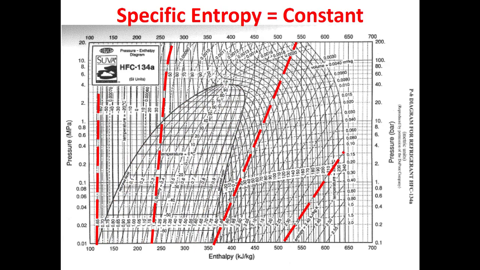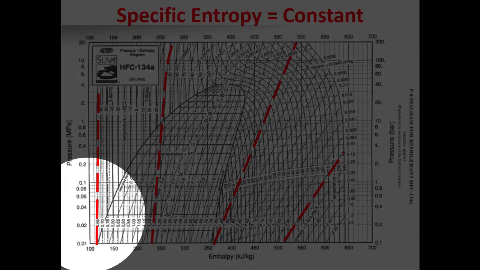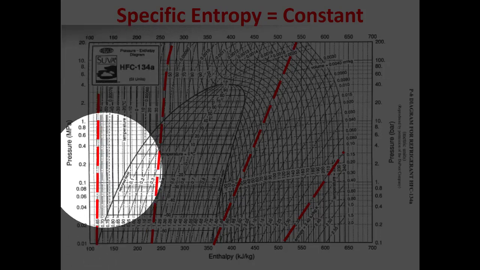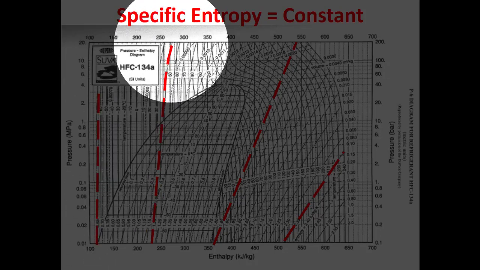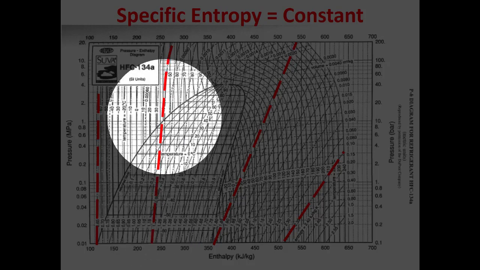I think the lines that are the hardest ones to use on this graph are the constant specific entropy lines. The slope changes as we move from left to right. On the left-hand side of the chart, this is pretty close to a vertical line in the subcooled liquid area. Still fairly vertical here, although getting some slope.